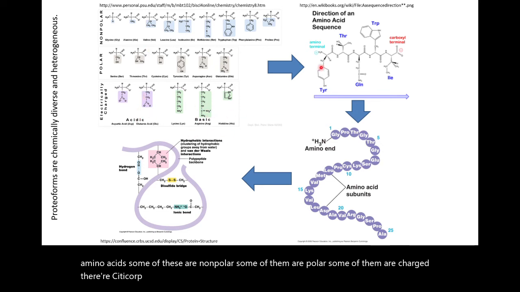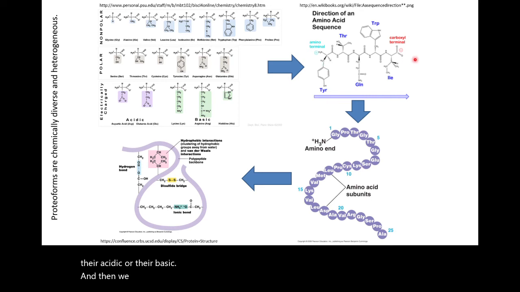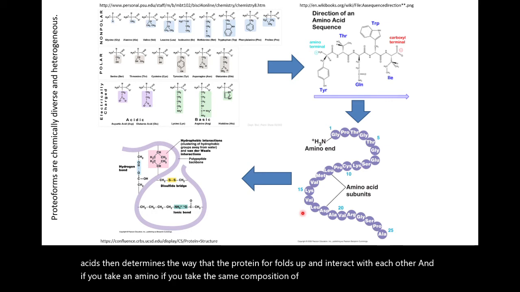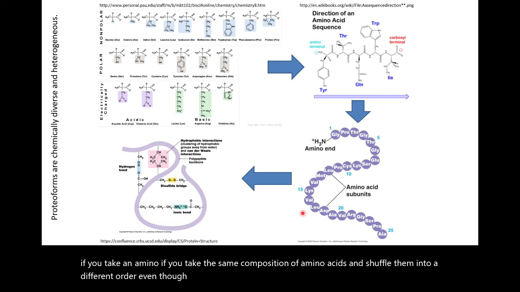And then we connect them together into a chain of amino acids, and the order of the amino acids then determines the way that the protein folds up and interacts with each other. And if you take the same composition of amino acids and shuffle them into a different order, even though the composition is the same, the activity of the protein will be completely different.